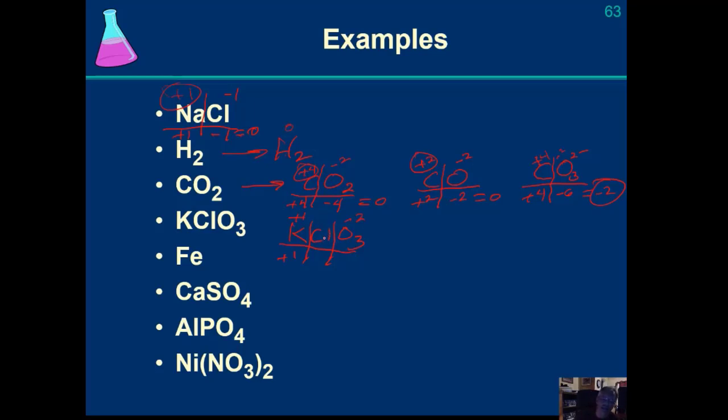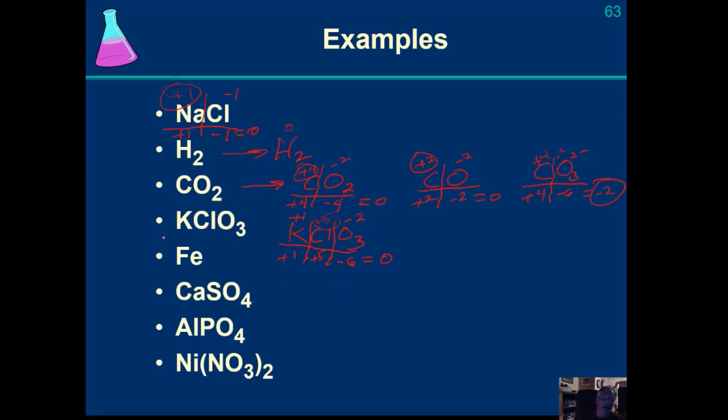I know chlorine is further to the right, but oxygen is higher on your periodic table, and so it is more electronegative. It gets its charge. There are 3 of them. 3 times a -2 is -6. This is a compound, so it all has to add up to 0. I've got a +1 here, so that gives me a +5 for chlorine. So chlorine has a +5.